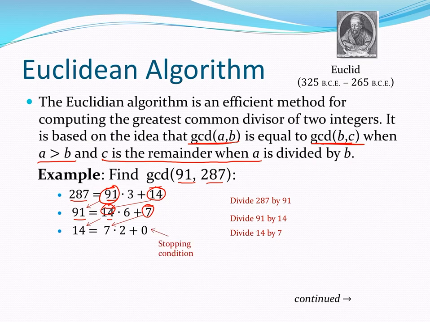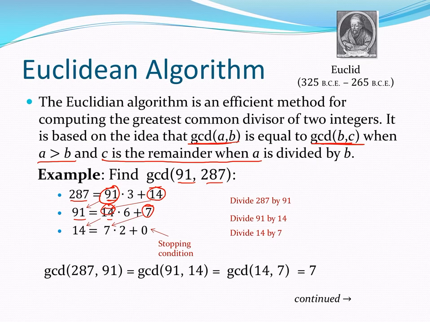Whenever we get to a 0 remainder, that is a stopping condition. So the greatest common divisor of 287 and 91 equals the greatest common divisor of 91 and 14 equals the greatest common divisor of 14 and 7, which is 7.